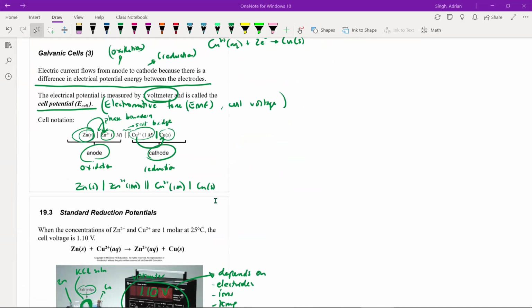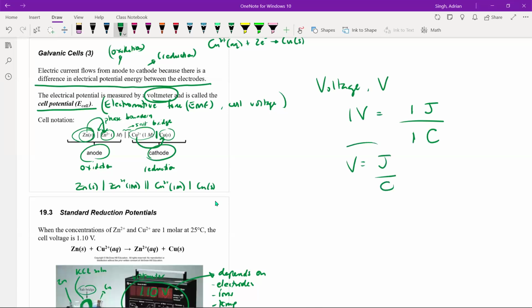The volt is a derived quantity, a derived SI unit. One volt is equivalent to 1 joule of energy divided by a charge, the coulomb, in this case. So a volt is joules per coulomb. We want to keep that in mind. This is going to be very important when we start looking at some of the calculations in the subsequent section.